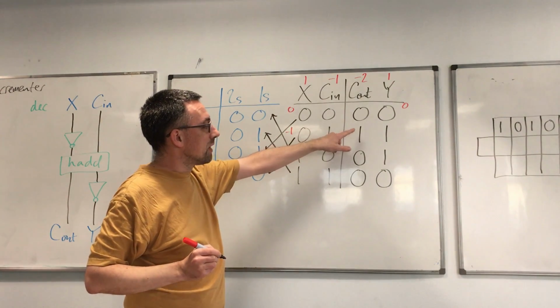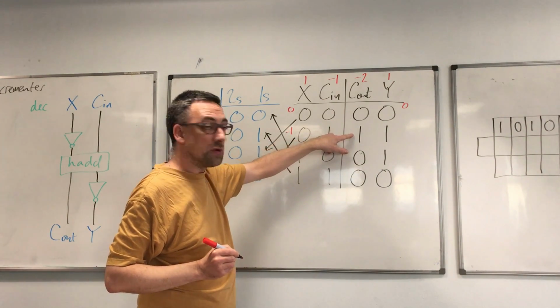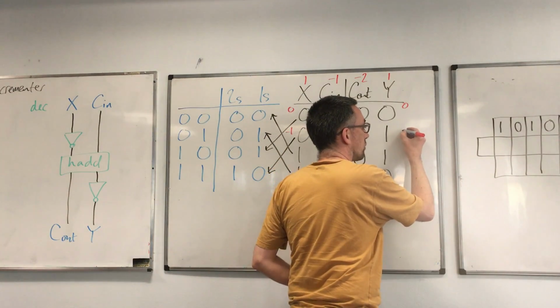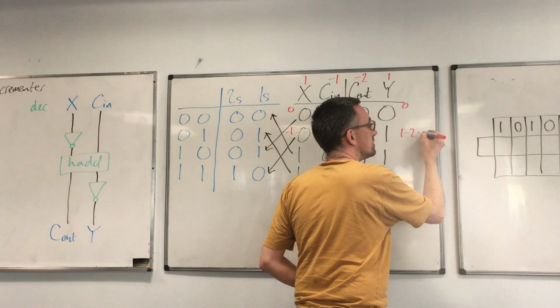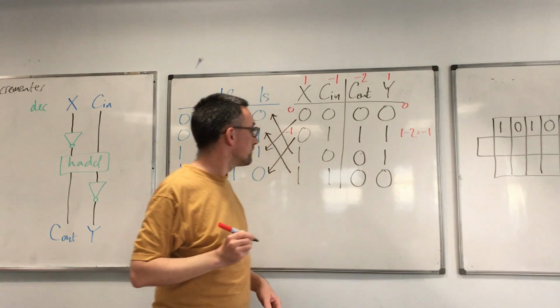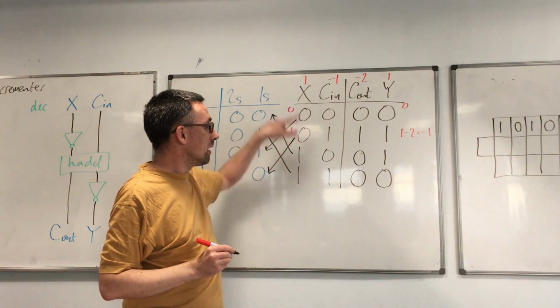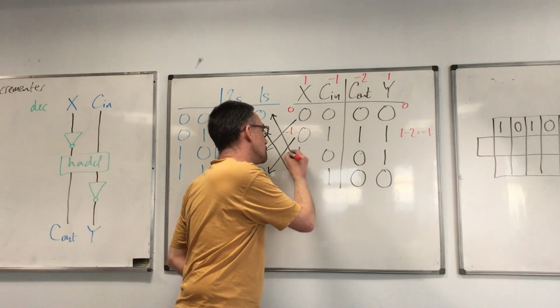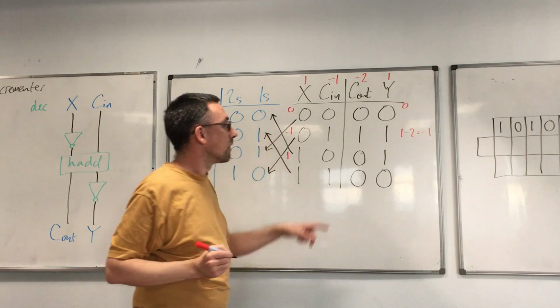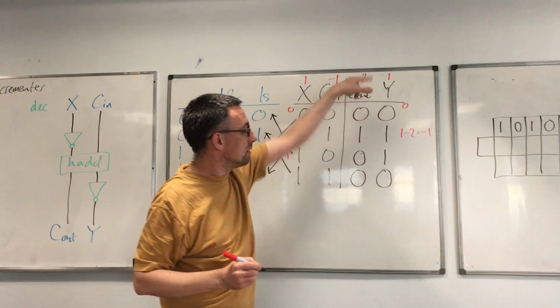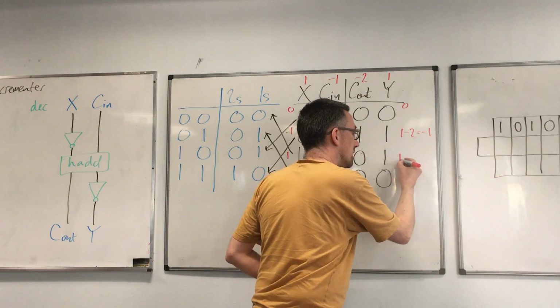On the outputs, we have a minus 2 and a plus 1. So our total place value is 1 minus 2, which is equal to minus 1. In the third row, we have 1, 1 and no minus 1s. So our total place value is 1. And in the output, we have no minus 2s and 1, 1. So again, our total place value is 1.